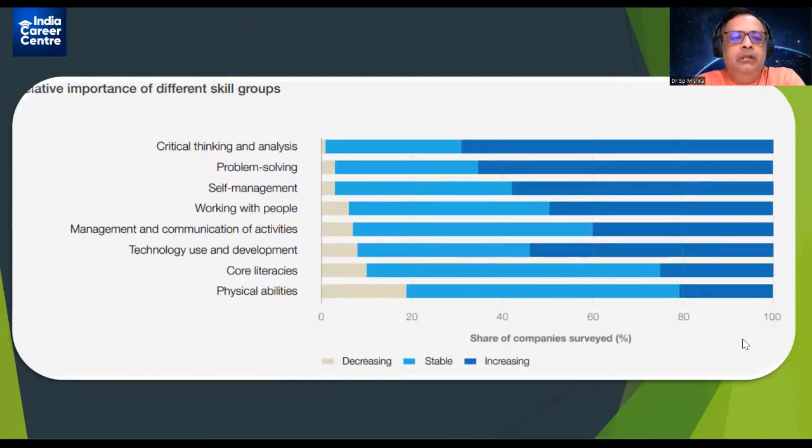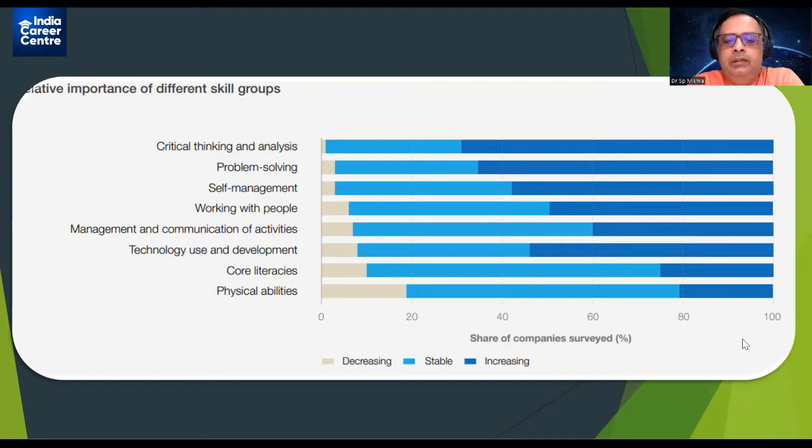So, which is why skills which are more human, such as the critical thinking, analysis, problem solving, self-management, working with people, management and communication activities, technology use and development, core literacy, physical abilities.